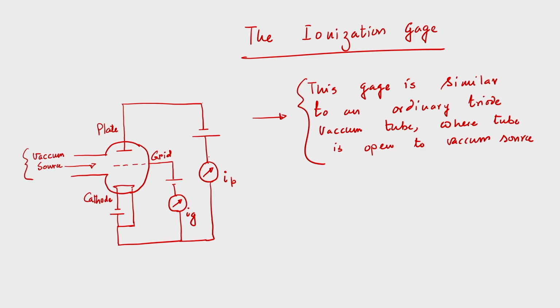Now if we look at the schematic, you can see that it has a tube, and the tube is open to vacuum source, which is clearly seen from the schematic, and it has the cathode and the plate, and also one grid.